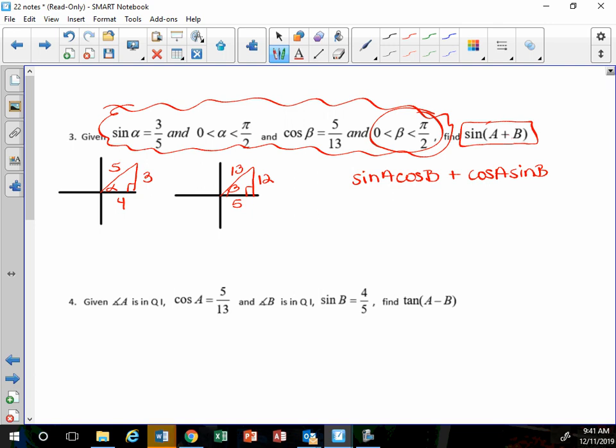That might be easier. Okay. So what is the sine of A, guys? 3/5 times, what's the cosine of B? 5/13 plus, what's the cosine of A? 4/5 times, what's the sine of B? 12/13.